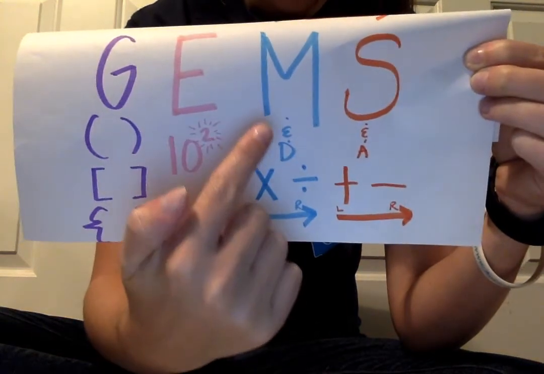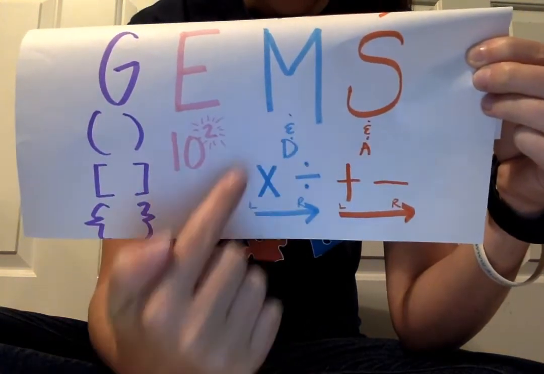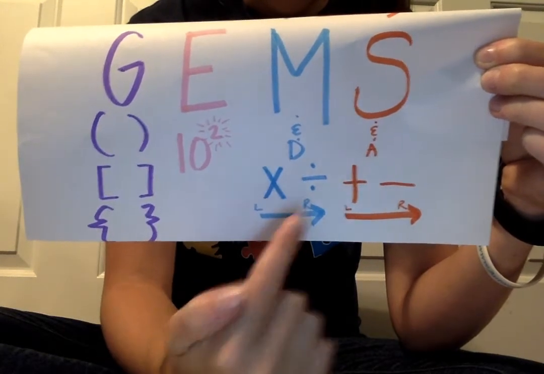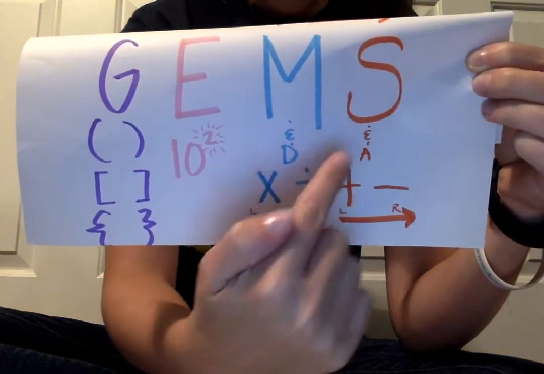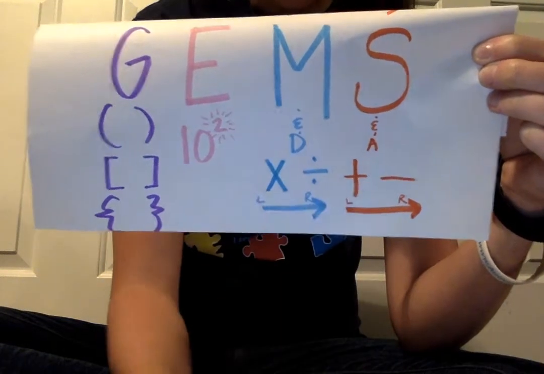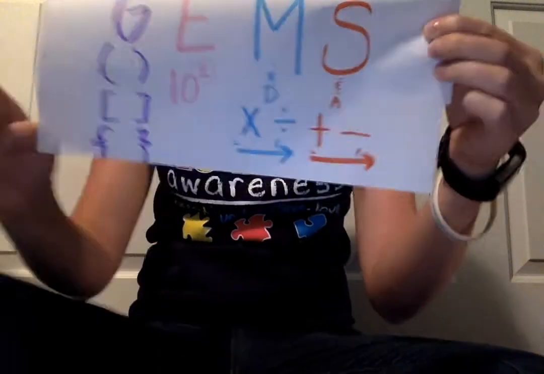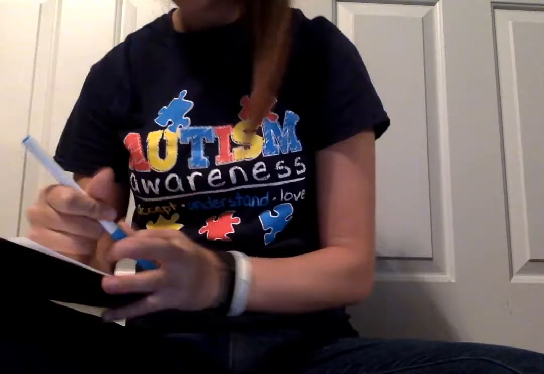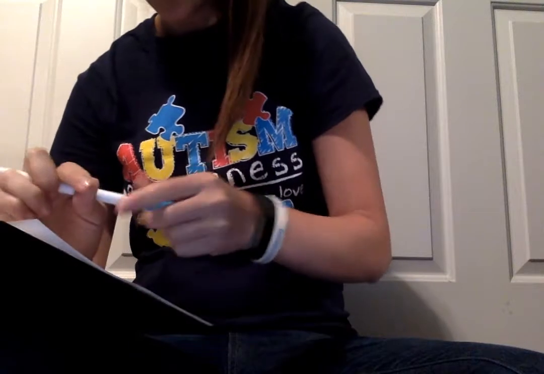The M is multiplication and division, whichever one comes first, again, when you read it from left to right. Subtraction and addition, again, whichever one comes first when you're reading it from left to right. So, if I were to have a problem that looks something like this.